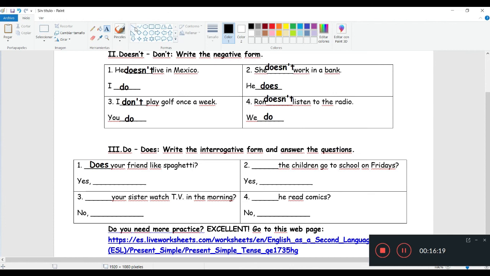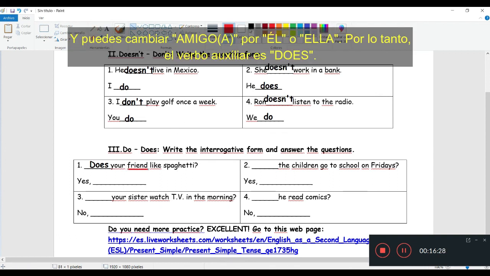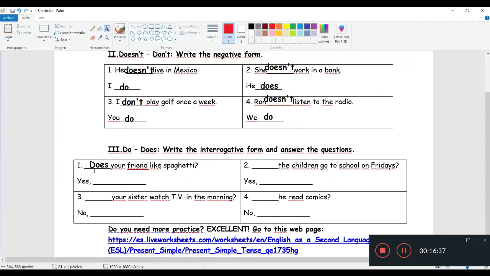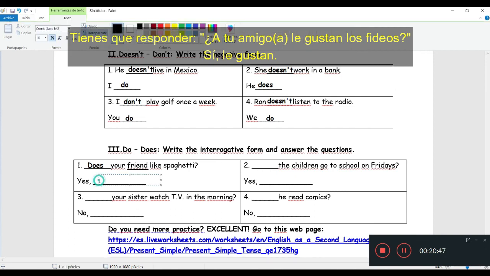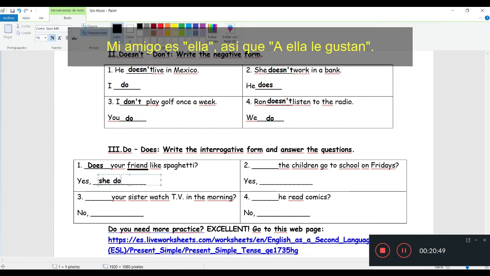Tienen que fijarse en el sujeto, que en este caso el sujeto de esta oración es friend, amigo o amiga. And you can change friend by he or she. So, the auxiliary verb is does. You have to answer. Does your friend like spaghetti? Yes, she does. My friend is a she, so she does.